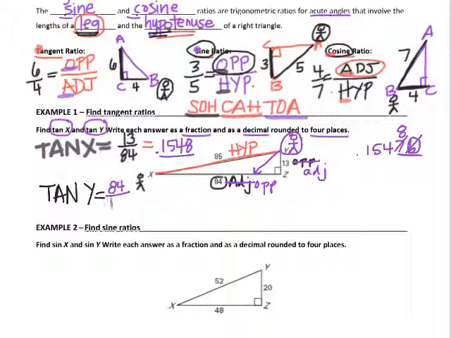Depending on the angle they're asking you about, the opposite side is across from where you are standing. Now, if I take my calculator out, I'm going to take 84 and divide by 13. I'm going to get 6.4615. Still keep the 4 digits as part of your answer.